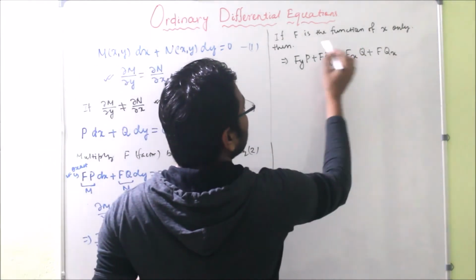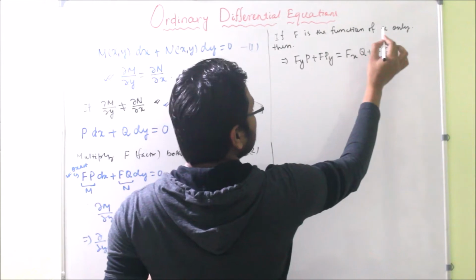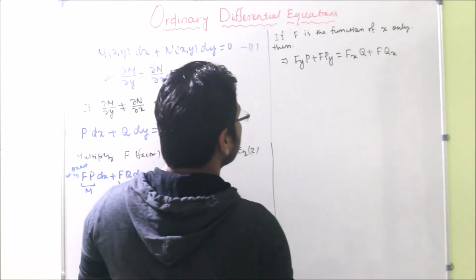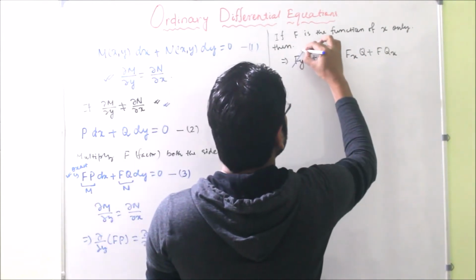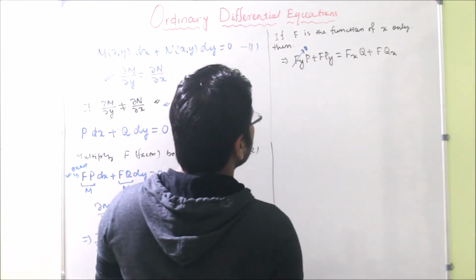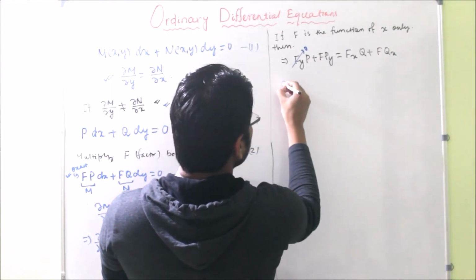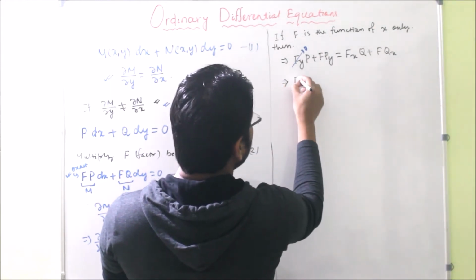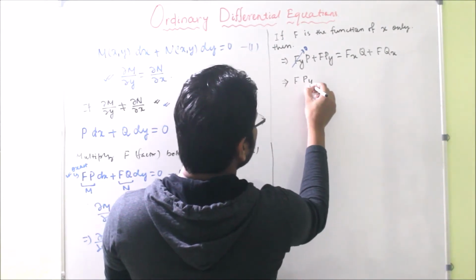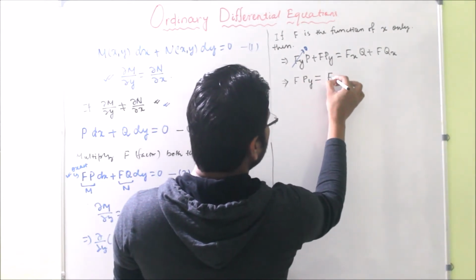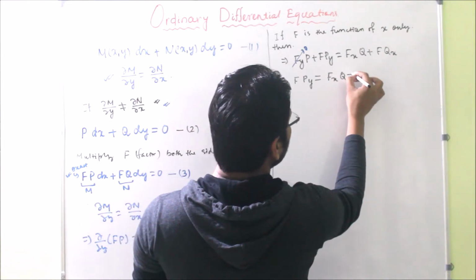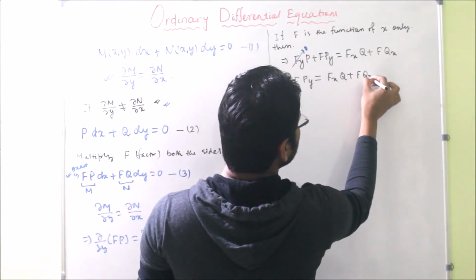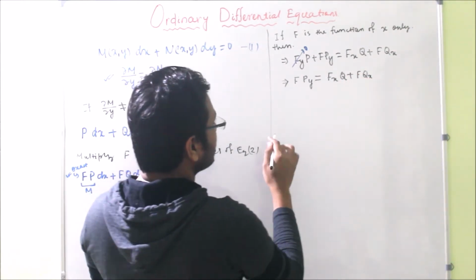Now as our factor f is the function of x only, f_y will be 0. If this will be 0, the left side will now become only f P_y equal to f_x Q plus f Q_x.